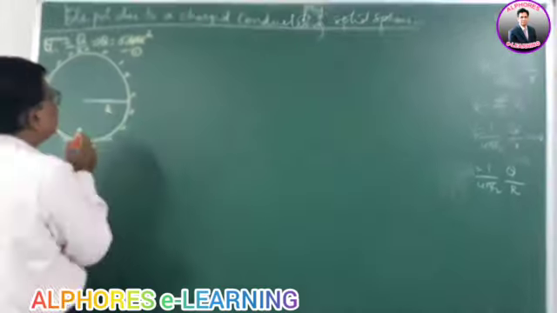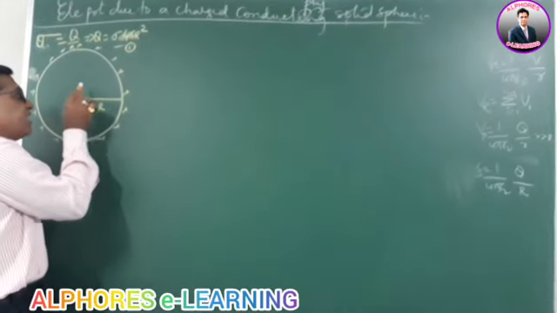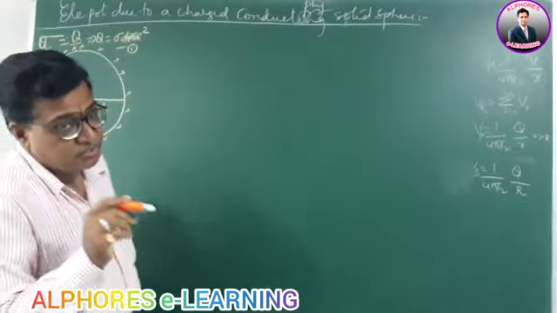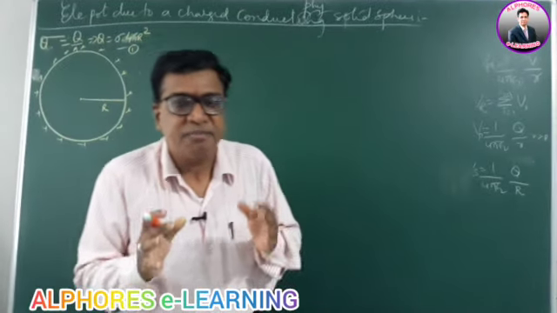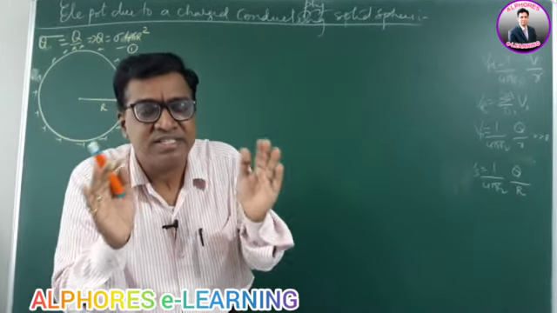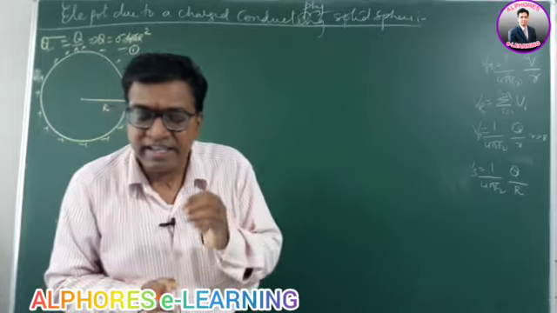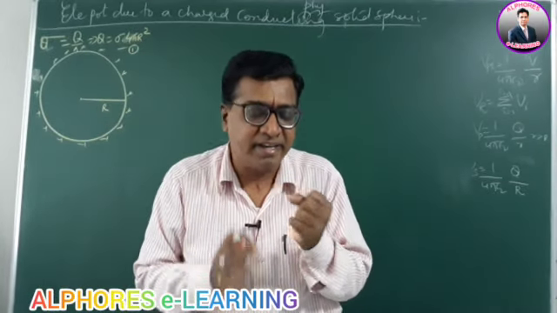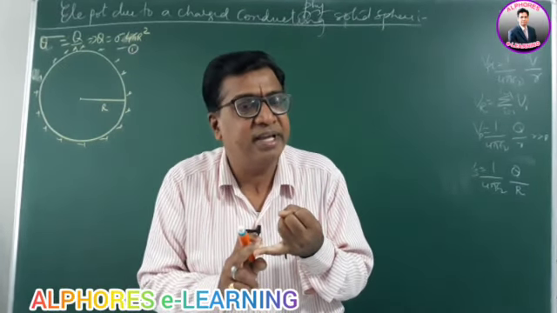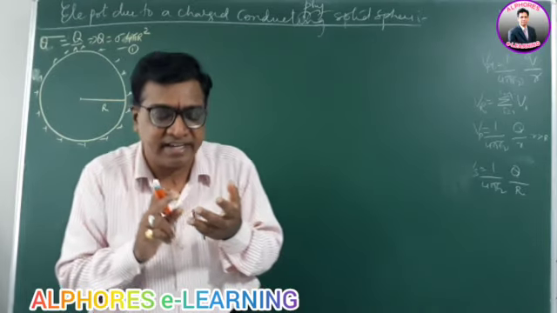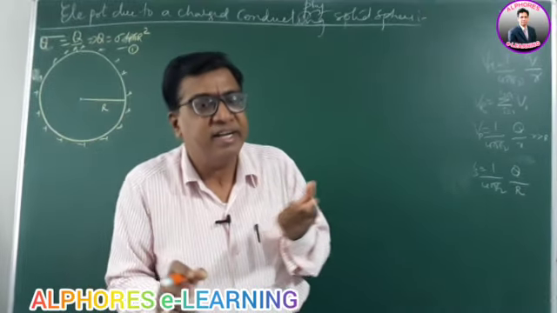Now it's a solid sphere. Even though there may be some charge inside, when the charge moves to the surface, I was telling you, for a metal sphere, charge only resides on the surface of the sphere. There is no charge inside the sphere, no flux, no field inside.